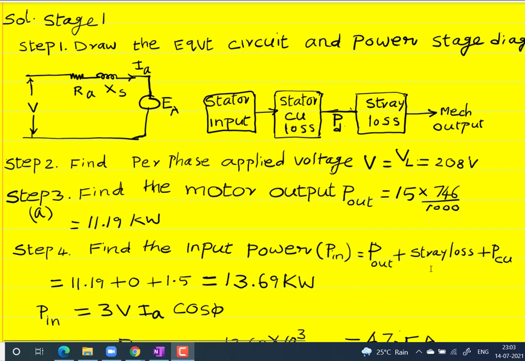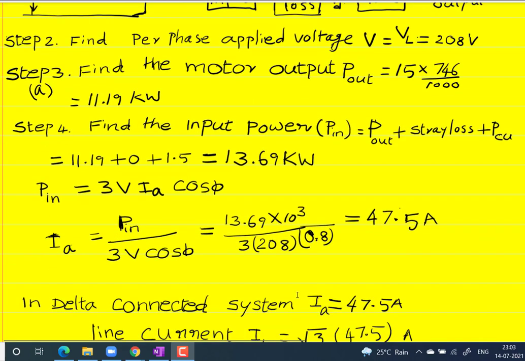Here the copper loss of the stator is given as 0, and the output of the motor we just calculated is 11.19 kilowatts, plus 0, plus the stray loss, that is mechanical loss plus iron loss or magnetic loss, put together we are calling 1.5 kilowatts. Once we add all these, we get 13.69 kilowatts.